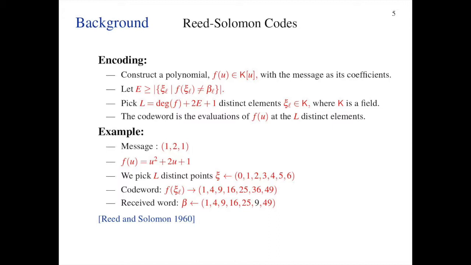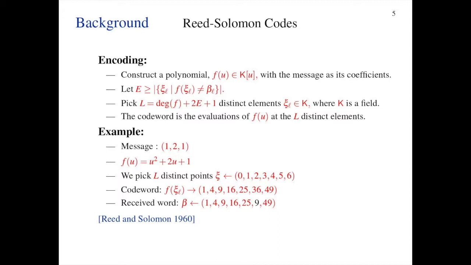That's our bound E. And the number of evaluation points L is determined by the degree of f plus 2E plus 1. Those evaluation points we're going to need in order to recover the code word, as long as no more than E errors occur. Now the code word will actually be the polynomial evaluated at those L distinct points.